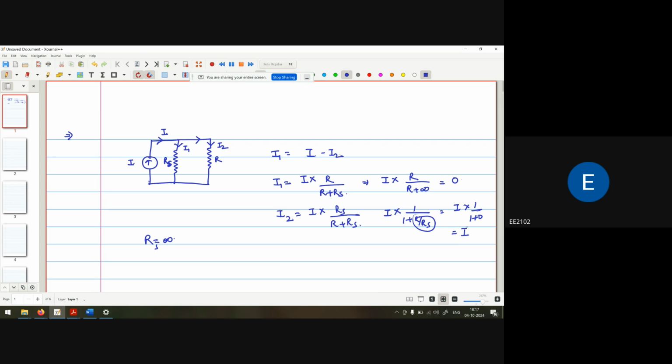Why is this resistance always connected in parallel?